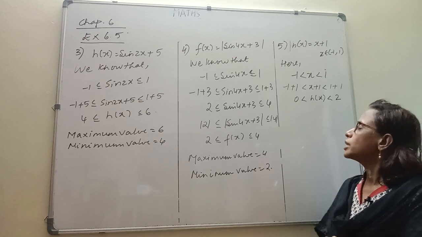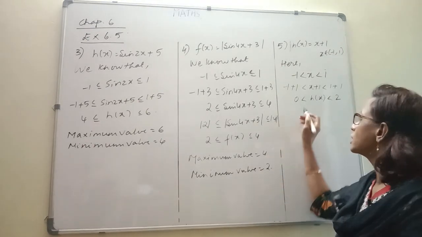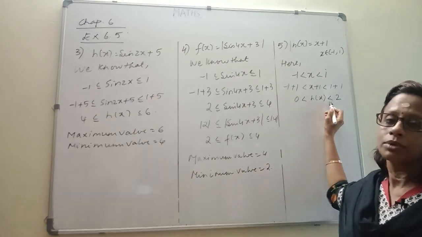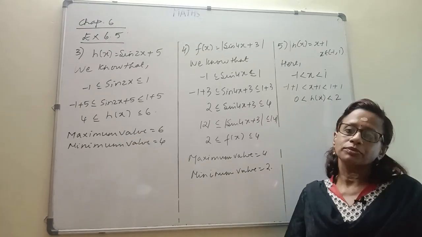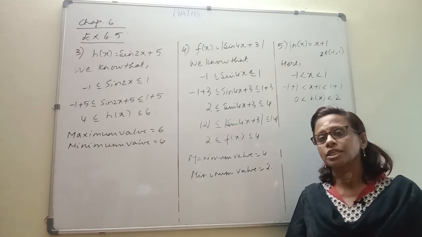Now h of x is lying between 0 and 2, but it is not less than or equal to over here, because that symbol is not there. We are not able to tell the maximum and minimum value. We are able to predict the maximum and minimum value only if that symbol is less than or equal to.